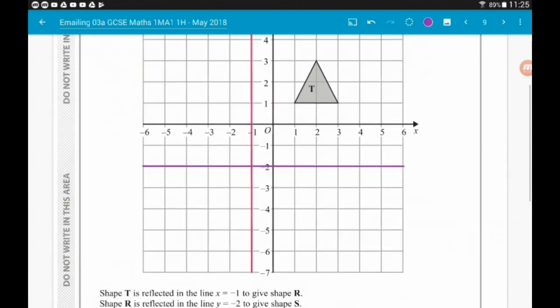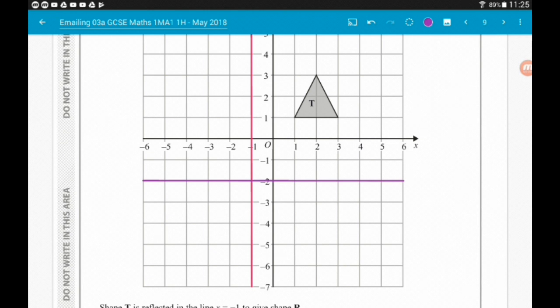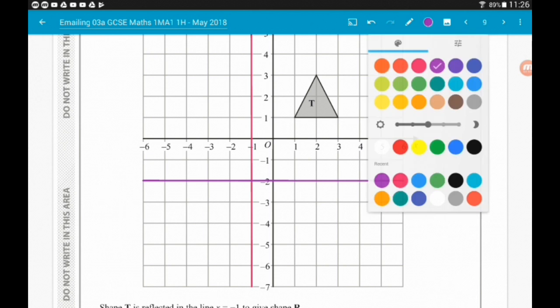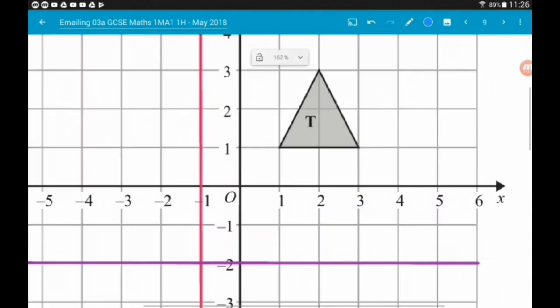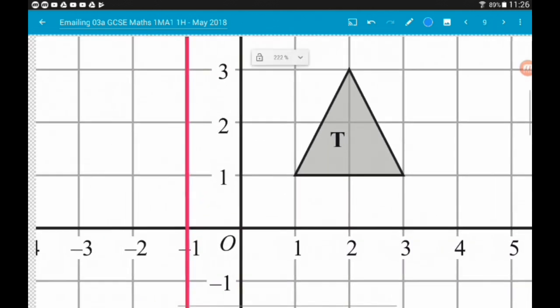First thing I've done here is put in those reflection lines. So the red line here is x equals minus 1, and the purple line is y equals minus 2. So we're going to carry out these two reflections first of all, and see what we end up with.